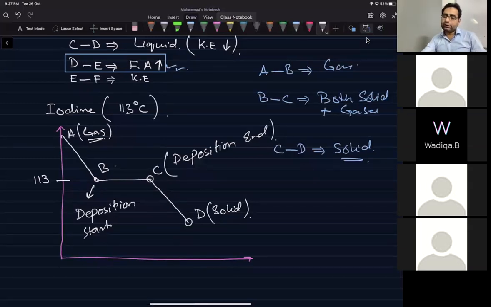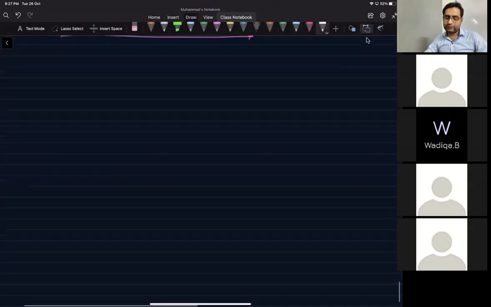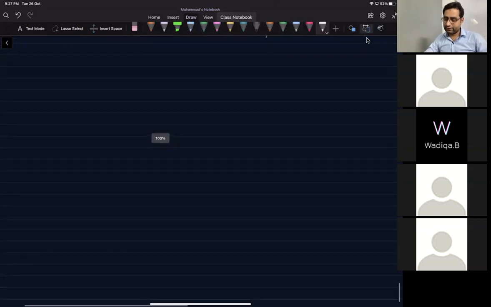Now I'm going to give you different materials. You have to draw their cooling curve and their change in energy and forces of attraction.